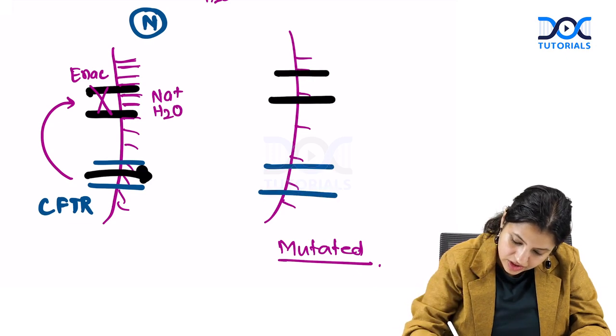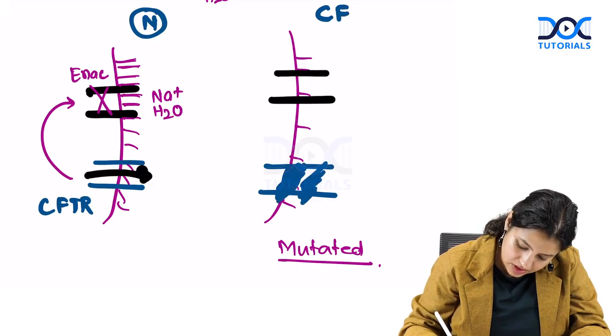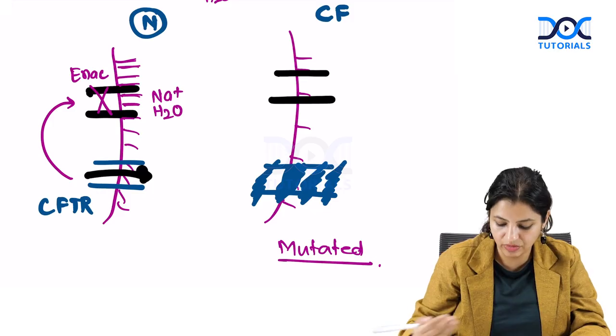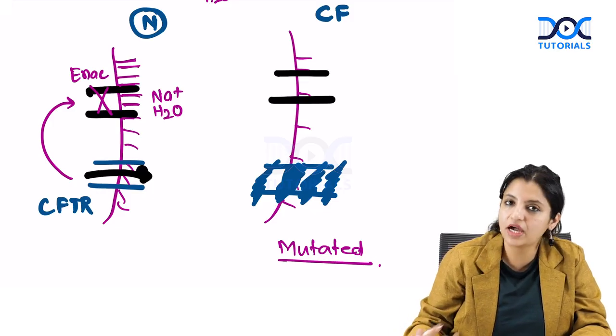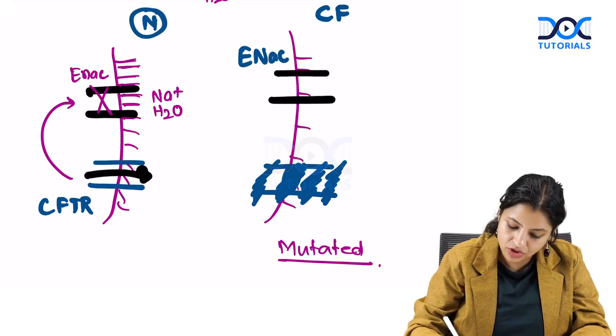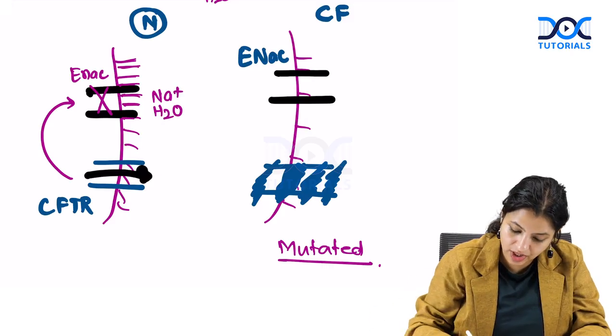Now what happens in your cystic fibrosis patient? Here the CFTR is blocked, so chloride cannot come inside, and it cannot block the activity of ENaC either. So what is going to happen?